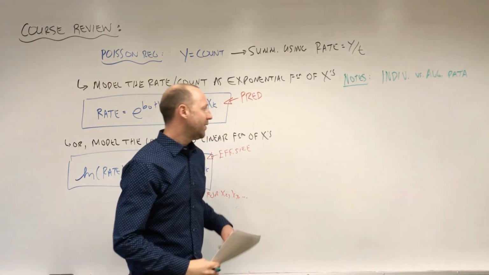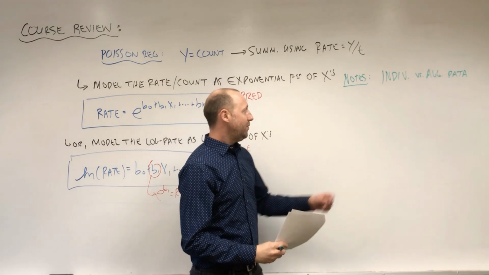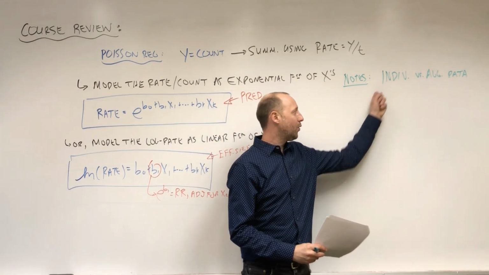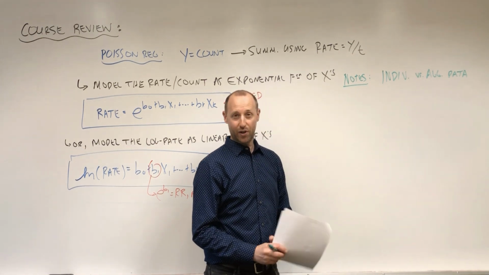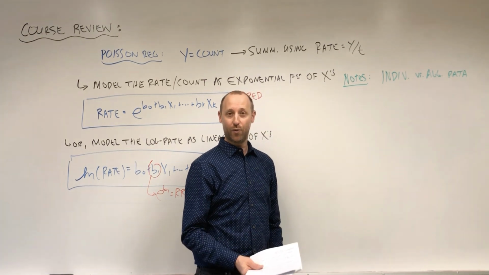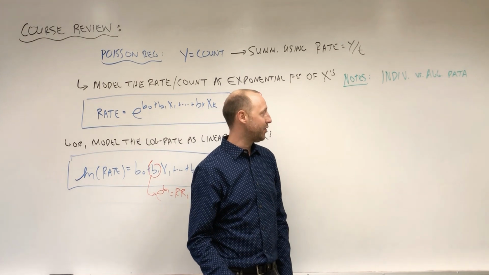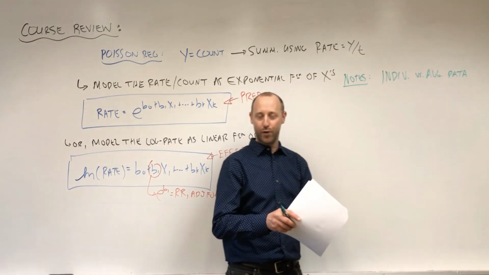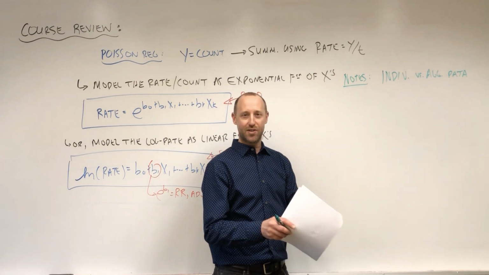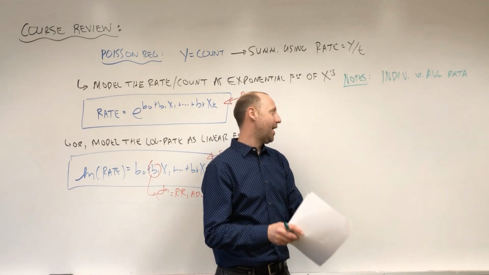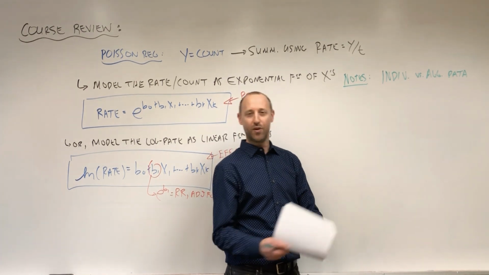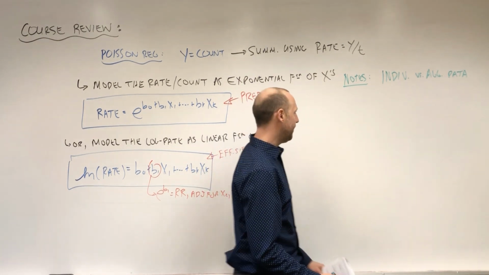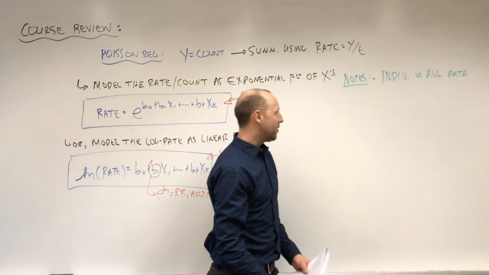We saw that we can count how often the event occurs for an individual, or if events are rare, if they're not going to occur very often, or they can only occur once, like death, if we're looking at death rates, then we need to aggregate. We need to put people into groups and look at how many deaths occurred within each group, and then how many person years of exposure there were, or what's the measure of time or exposure for that group. But that was one way it differed.